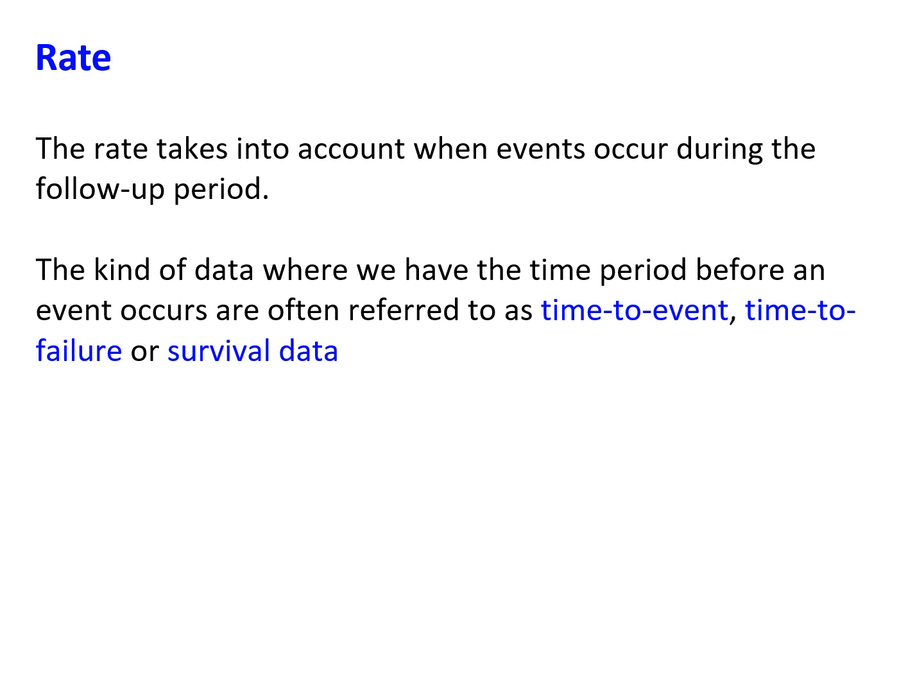The rate takes into account when events occur during the follow-up period. This kind of data, where we have the time period before an event occurs, are often referred to as time to event data, time to failure data, or survival data. And we call them survival data even if the event of interest is not actually death.